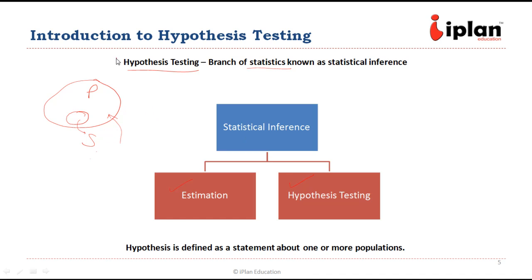This comes under the procedure of hypothesis testing. This can be concerned with one population or more populations. We can even make a comparison about the characteristics of two populations using hypothesis testing.